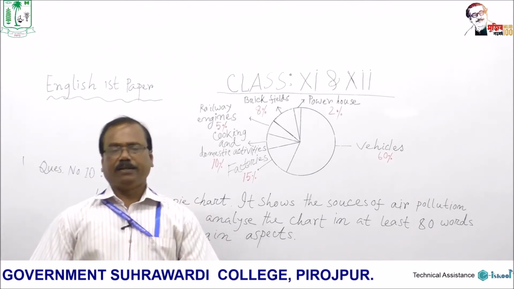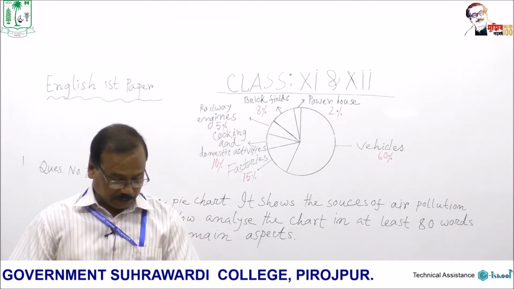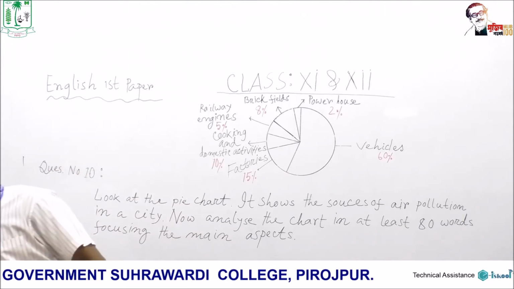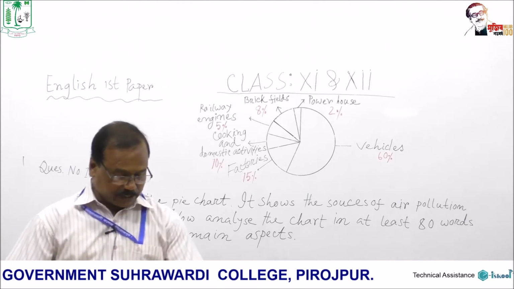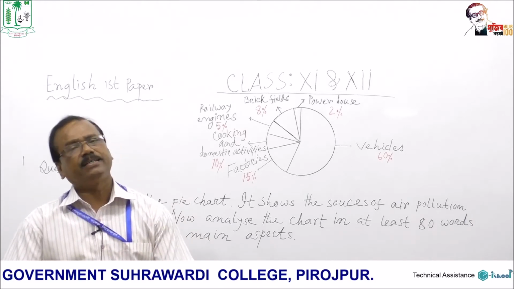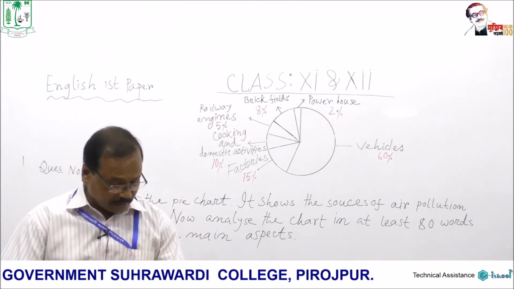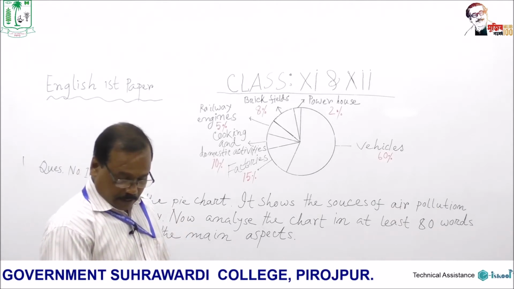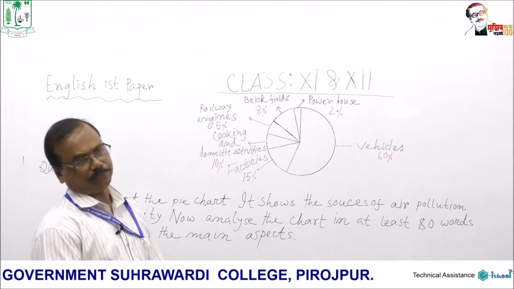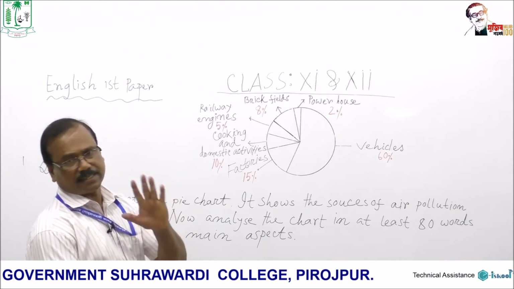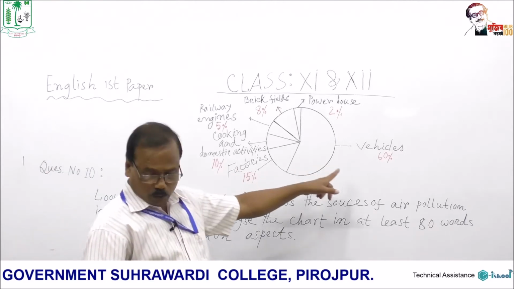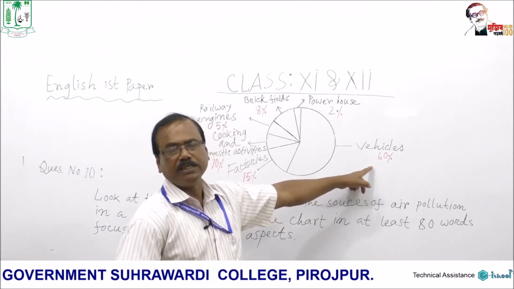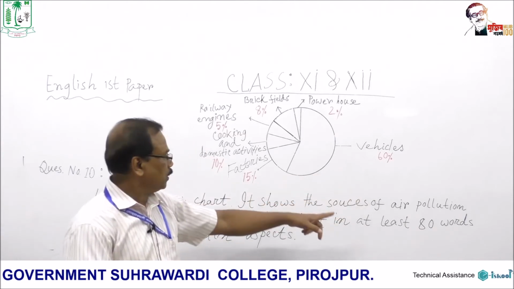It is seen that, in Bangla you can say, it is seen that is dekha jay je, air is polluted 60%, which is written in red color.